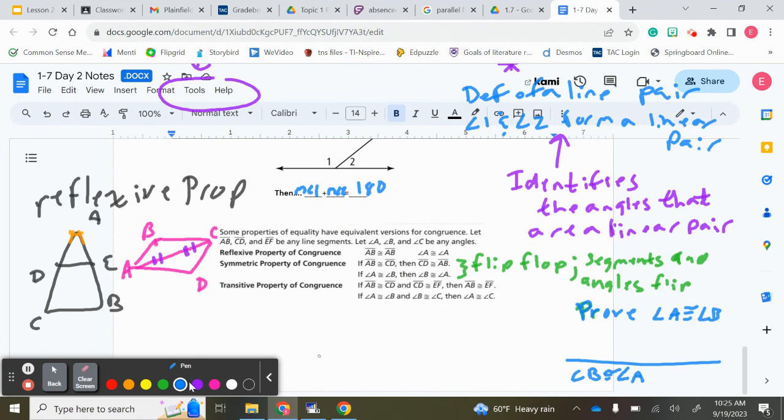All right, now your transitive property could be viewed as transitive or it could be used as substitution, okay? Technically, substitution can work with transitive, but transitive doesn't always work with straight substitution. Let's just give you a brief example.